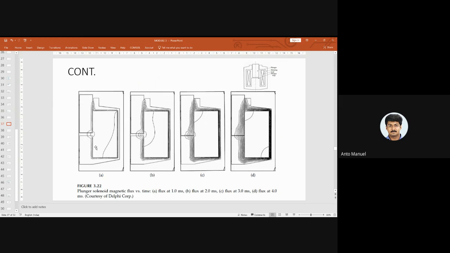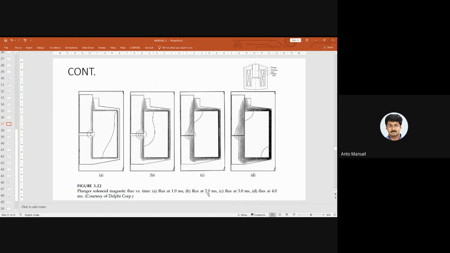At the moment we apply the voltage, the coil generates magnetic flux, and that magnetic flux influences the plunger to move towards the plunger stopper. At 1 millisecond after applying the voltage, the flux and the position of the plunger are like this, and there is still some air gap.